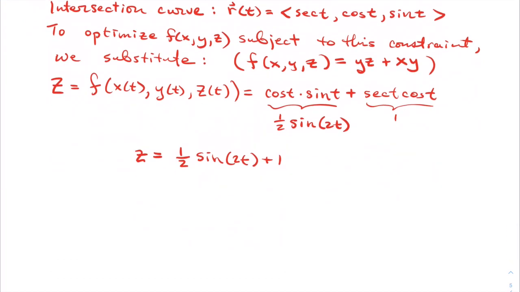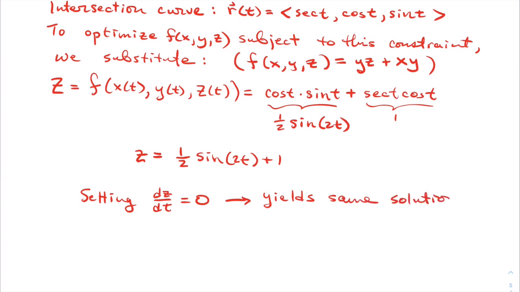And then you can optimize this. We already know that setting dz over dt to 0 will yield the solution points above, the same solutions as the Lagrange method.